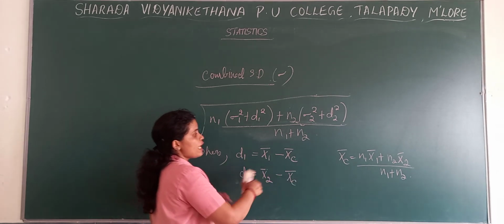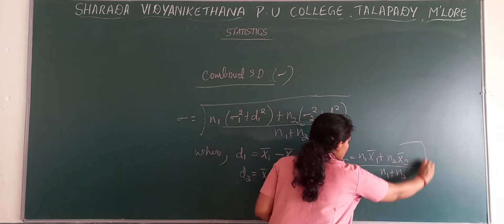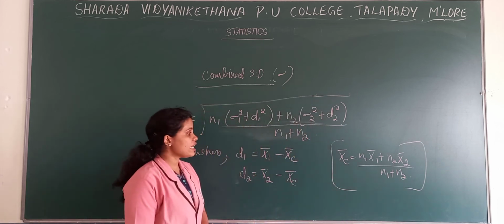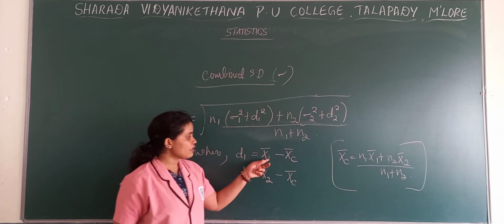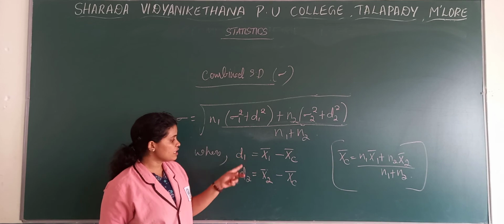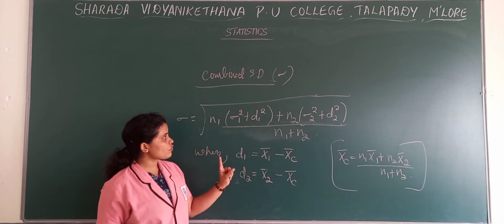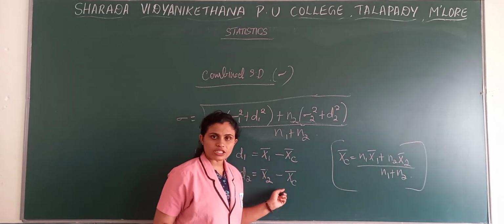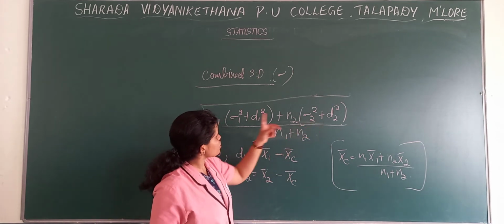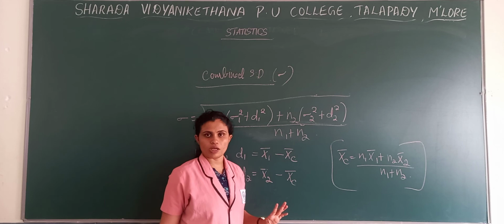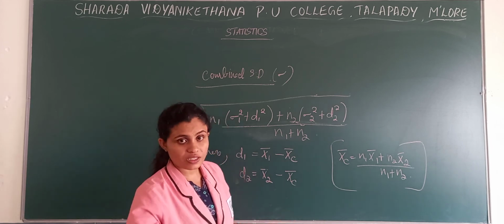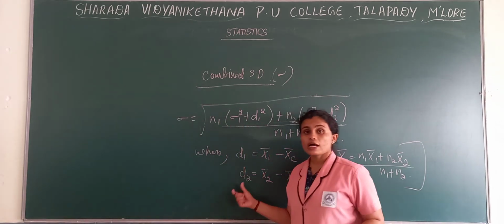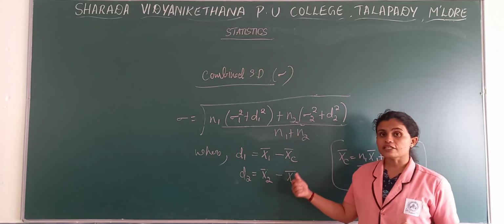So we need to apply the formula of combined arithmetic mean, there we get combined arithmetic mean. Then we need to find out the deviations. Firstly, we need to find out the mean of the set of observation. Then we need to take the deviation. Then the deviation we need to substitute into the formula. So this is the last formula in case of combined standard deviation.